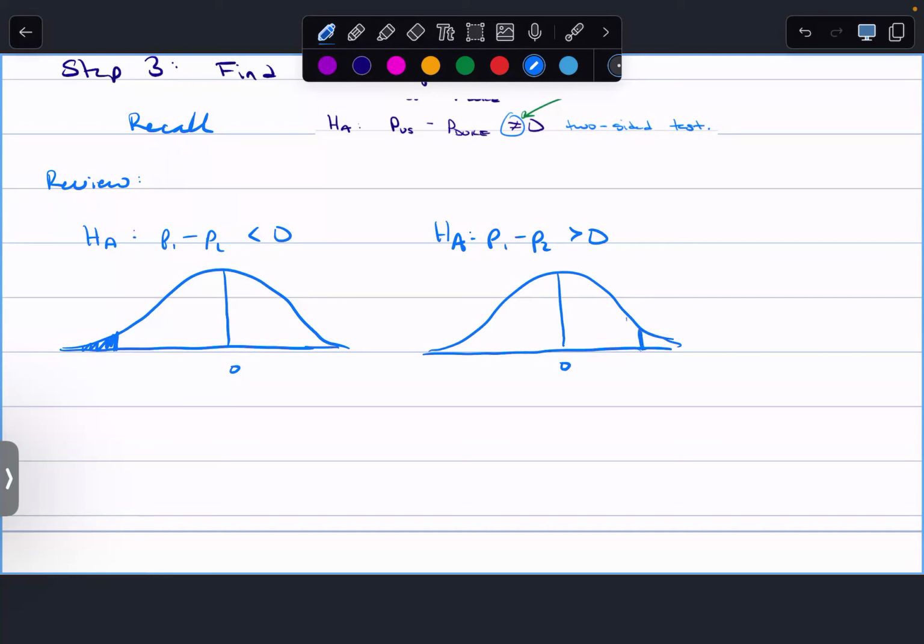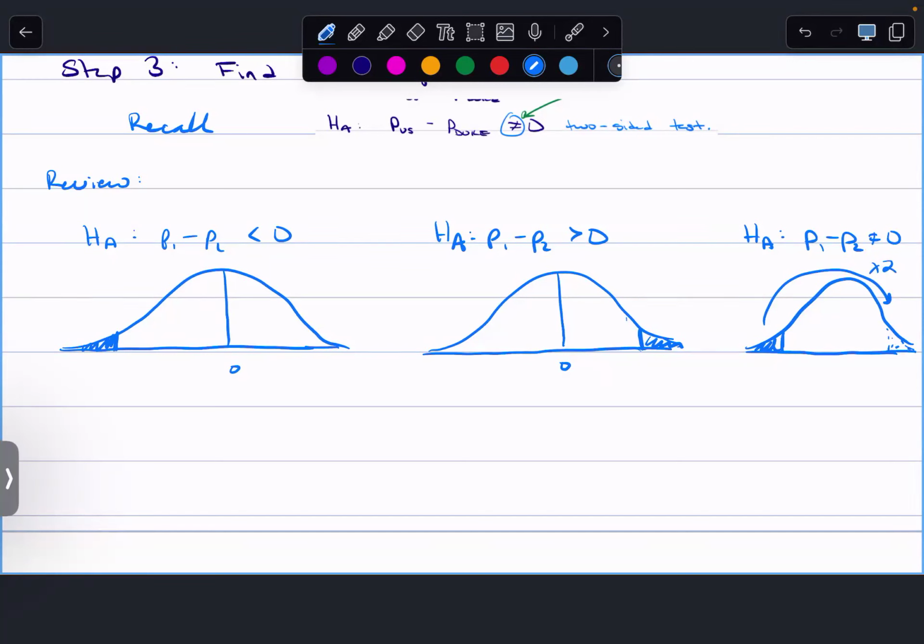We need to know which area we want, because in Excel, we can only get the area to the left. So you need to know if you have to do 1 minus, or multiply by 2. In general, if the alternative is that P1 minus P2 is not equal to 0, then you take the area in one tail and multiply it by 2, replicating it in the other tail.